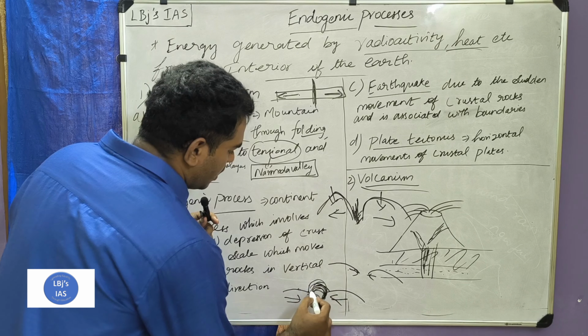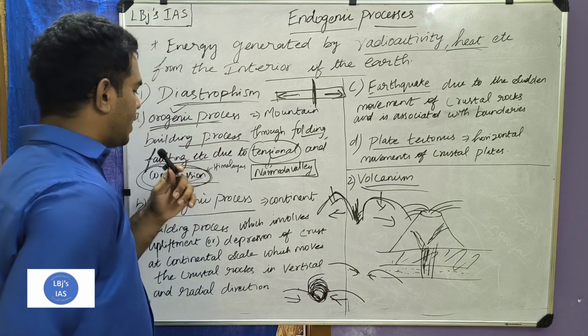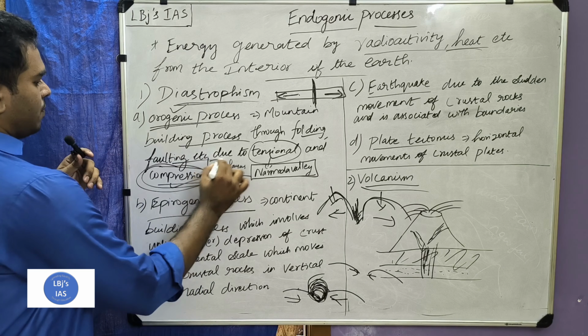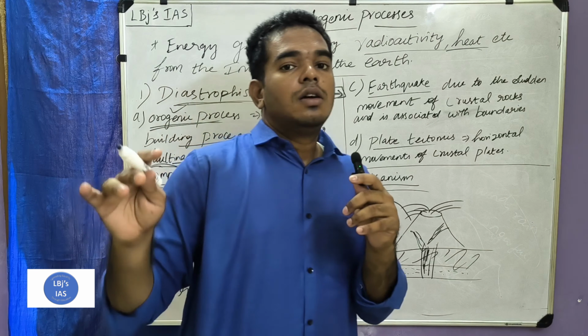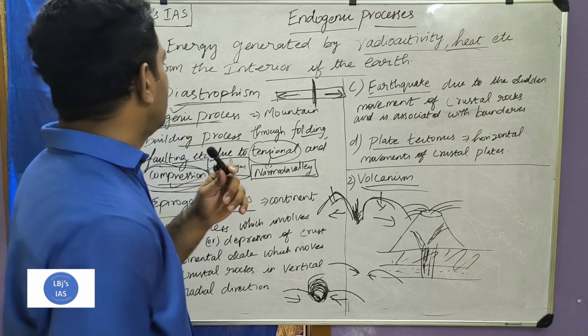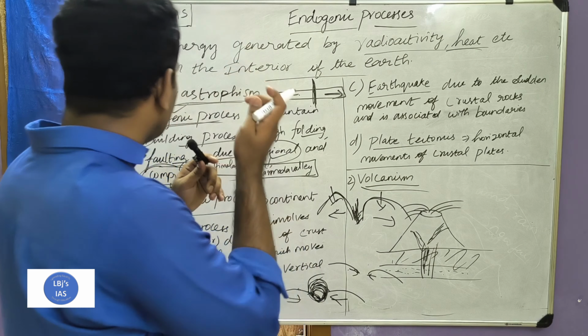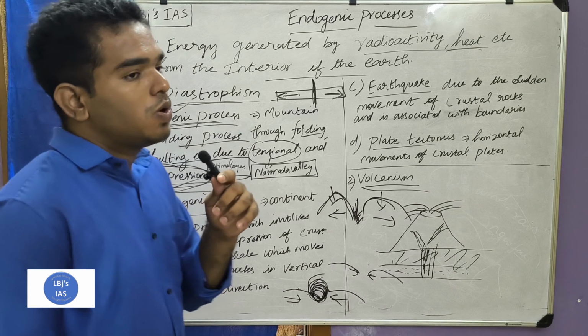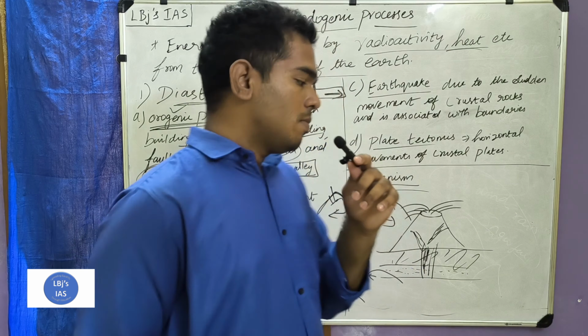This fold gradually becomes a mountain. The Himalayas, we know the Himalayas, were created due to the compression forces. So this is what is known as the orogenic process or the mountain building process.